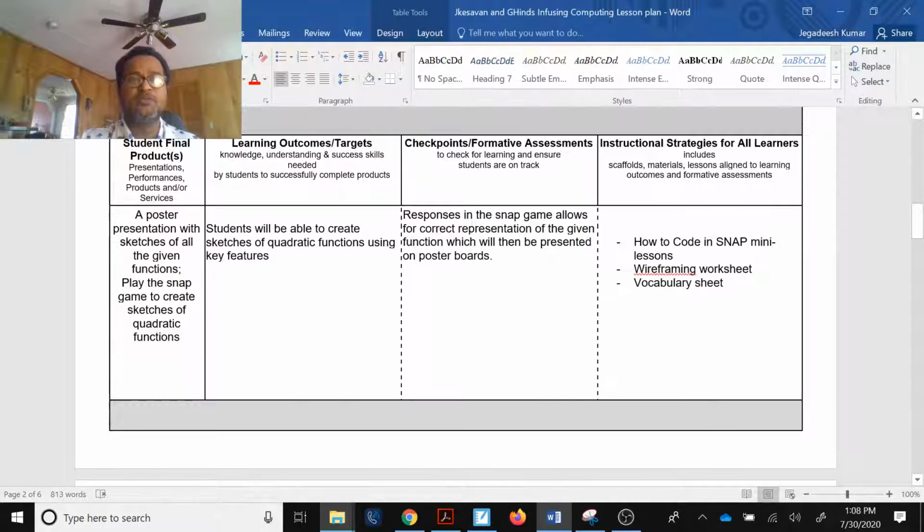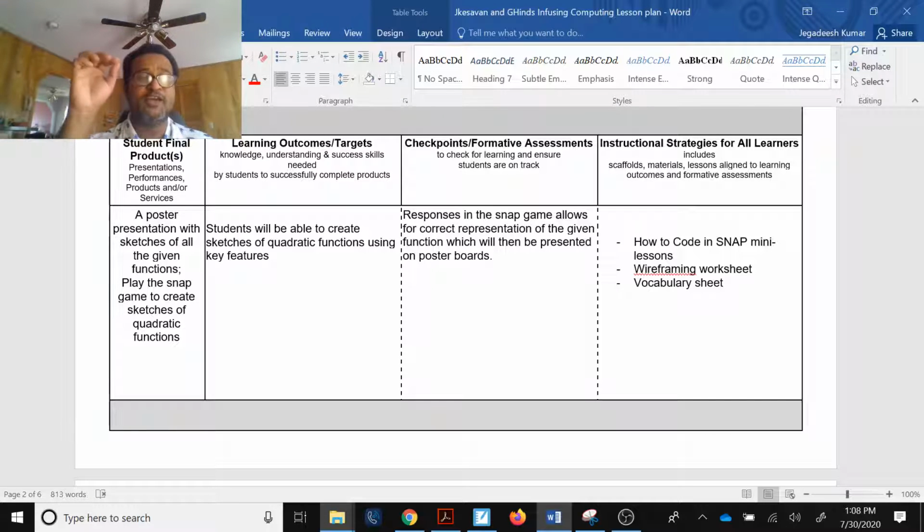So the learning outcome for this lesson is students will be able to create sketches of quadratic functions using its key features. So the final product is going to be in two categories. One is going to be a poster presentation with sketches of all the given functions, and the second one will be from the SNAP project that we created.